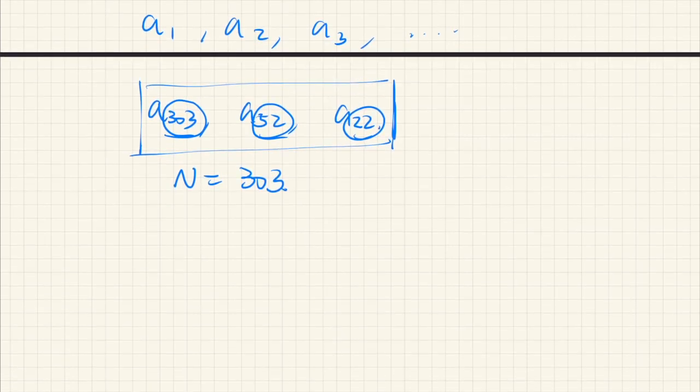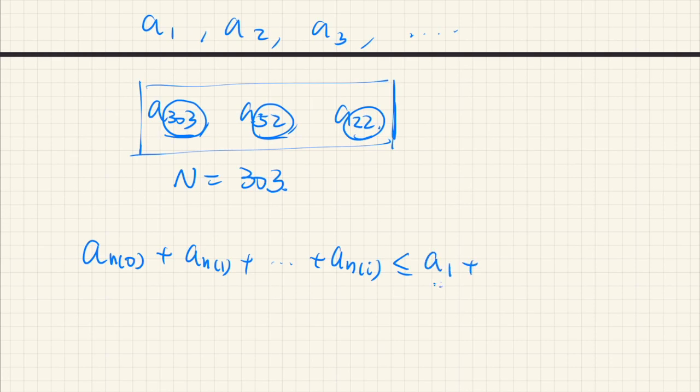Now consider the sum a_{n(0)} plus a_{n(1)} plus up to a_{n(I)}. This is less than or equal to a_1 plus a_2 up to a_N in the original sequence.